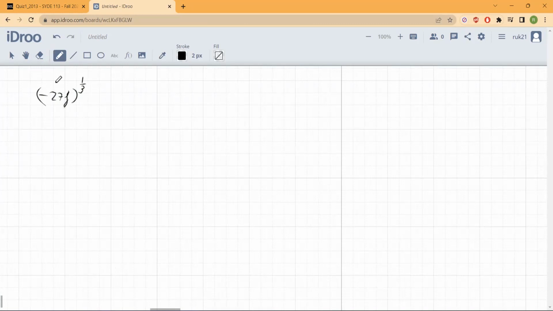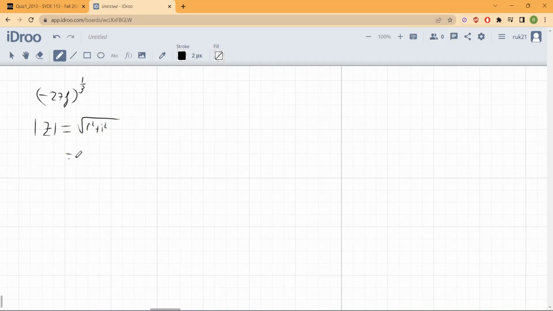imaginary number. So the way we're going to do that is we're first going to make it into its exponential form. Now, the way you make it into the exponential form is actually the exact same way you make it into your polar form in essence. So first we need to find the modulus. So modulus z is equal to square root of your real part squared plus your imaginary part squared.